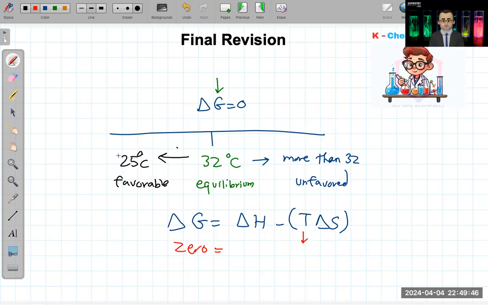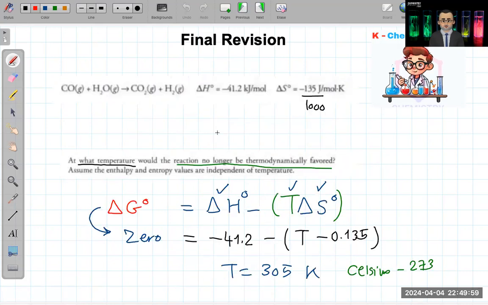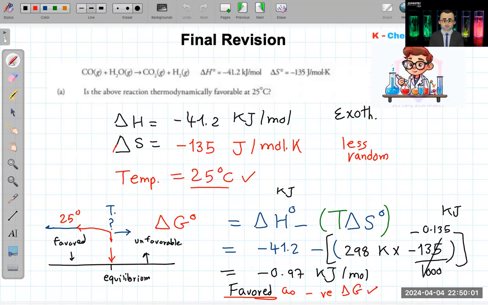But mister, how do I know which direction is favored? How do I know that less than 32 is good, or that more than 32 is not good? Because you told me 25 is good. When we calculated 25, it turned out to be favored.